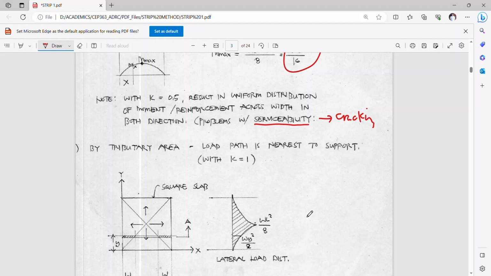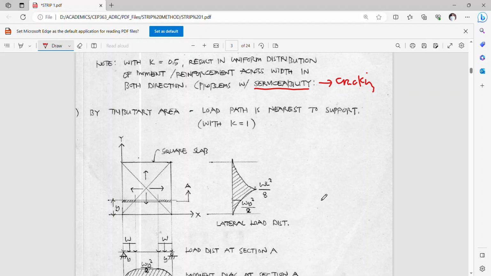Hence, if we are considering this square slab with a 45-degree distribution by means of the tributary area, then if I cut a section A at this particular location at y distance from the origin, I can now graph the lateral load distribution in this direction. So this is the longitudinal direction, the long direction, and this is the transverse or lateral direction.